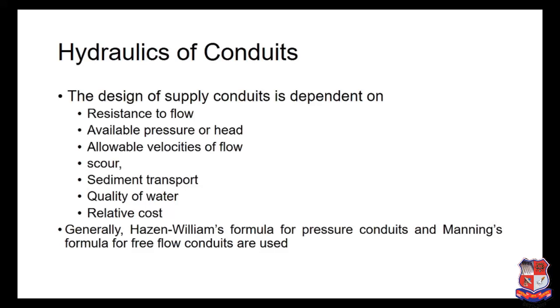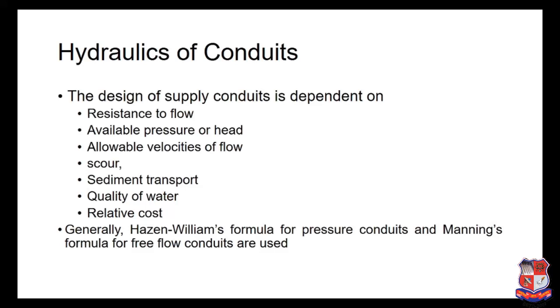If the velocity is too low, then the sediments or particles in the raw water will settle inside the pipeline, right? This should not happen. So in the pumping system we should maintain some minimum velocity like 1 meter per second, so that the sediments do not settle inside the pipeline and are transported along with the water.